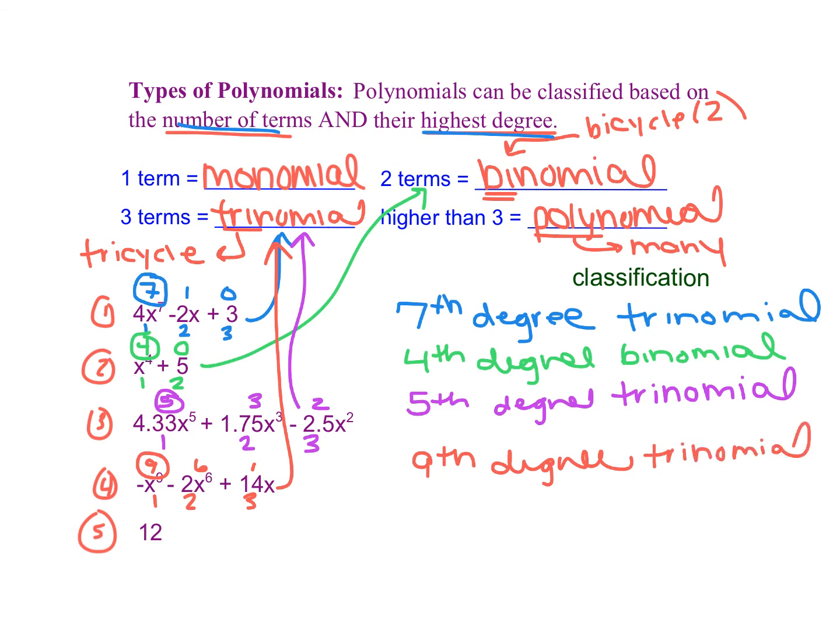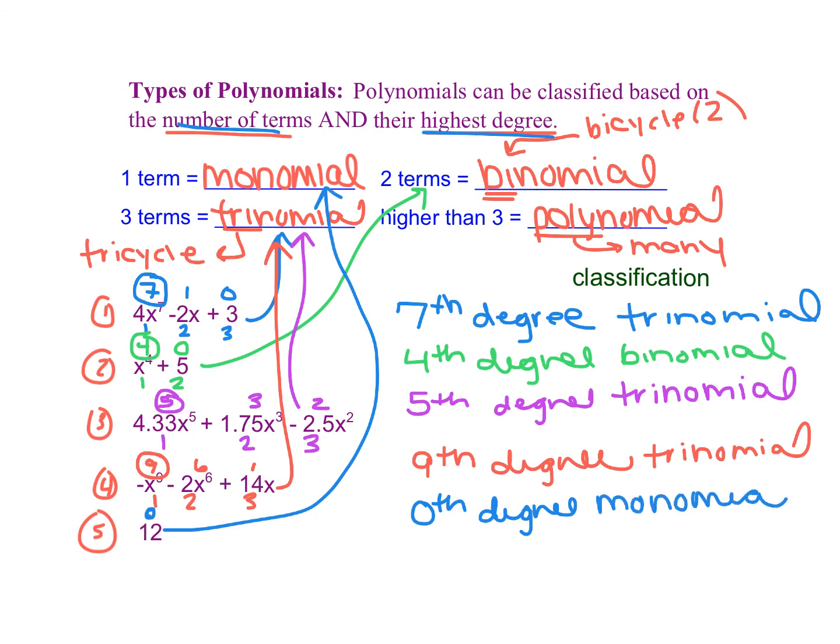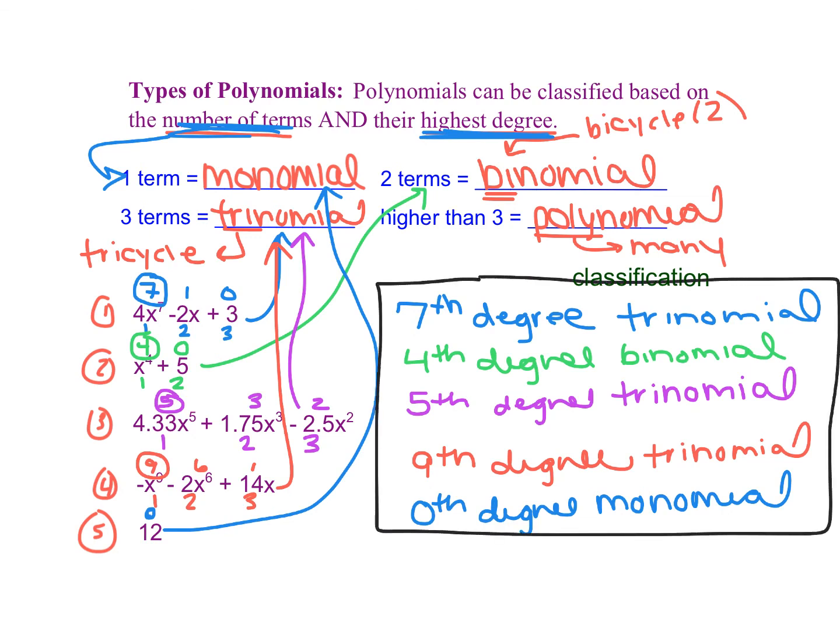And then finally, in my last example, I notice here that this does not contain a variable, so it's a 0th degree polynomial. And specifically, because there's only one term, it is a monomial. So we're using our knowledge of number of terms and what those are specifically called, as well as the highest degree, to accurately classify all of these polynomials.